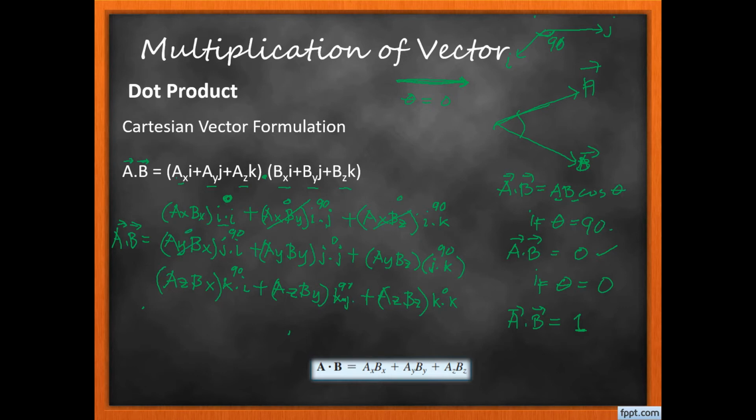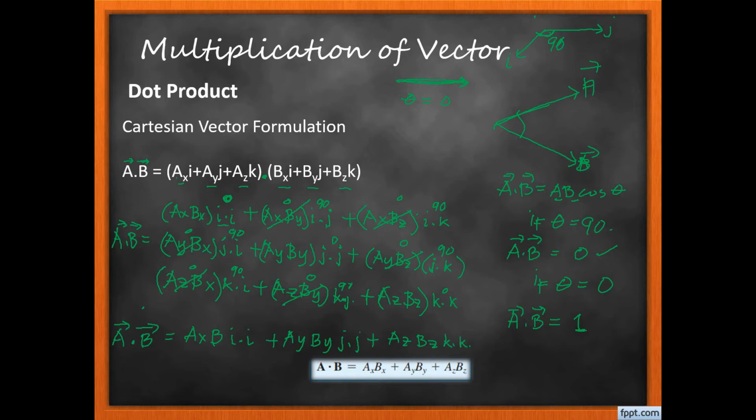So from that, maiiwan yung AX, BX i dot i, na A.B ang ating vector is equal na pala siya sa AX, BX, and yung ating variable is parehas na i plus AY, BY times j dot j plus AZ, BZ times k dot k.